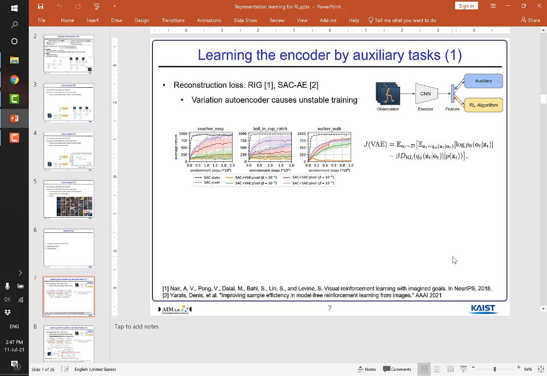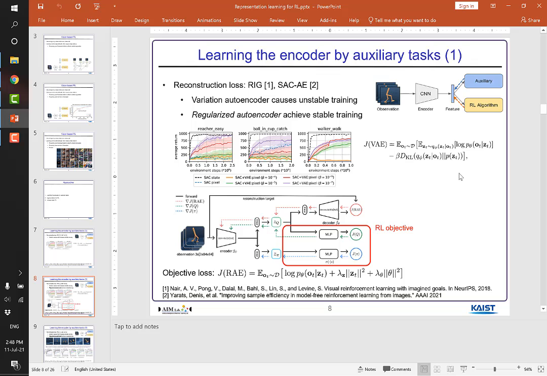And recently, there is one paper named Soft Actor-Critic Autoencoder, SAC-AE. It introduced another loss function for the auxiliary task, and they found that the variational term in the objective of the VAE really caused instability during training, and they proposed using a regularized autoencoder, which can achieve more stable training.